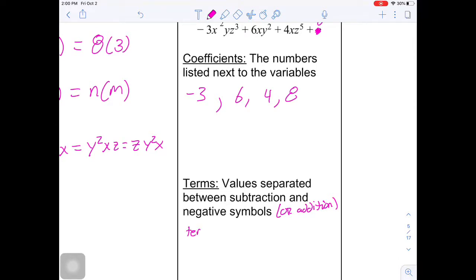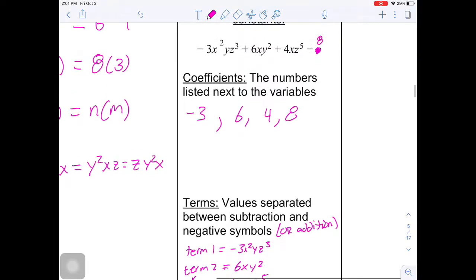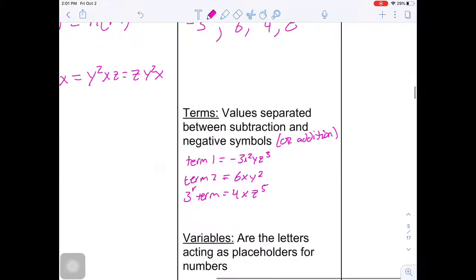Term 1 equals -3x squared yz cubed. So that was that guy. Our second term, term 2, would be 6xy squared. Our third term would be 4xz to the power of 5, and then our last term would be 8. Okay, so hopefully you can see what terms are from there.